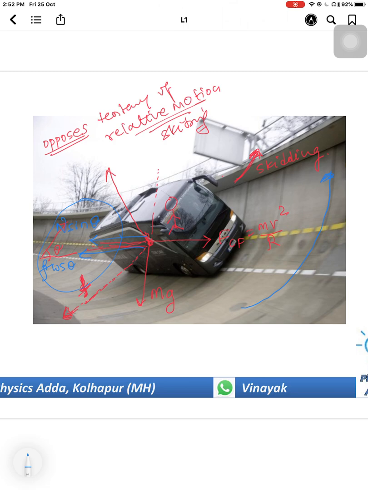So there are two important points to be noted. Point number 1 is: which are the two forces which are responsible to avert the condition of skidding? It is N sin theta and F cos theta, the combined effect of normal reaction and friction.